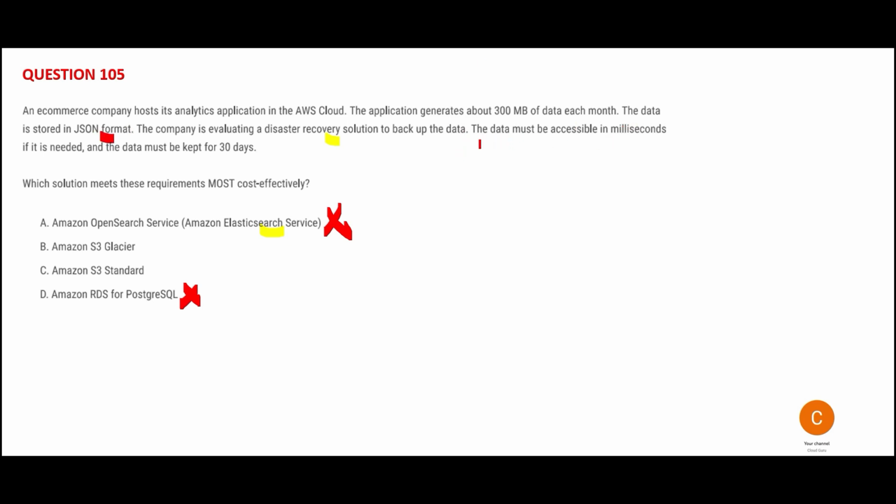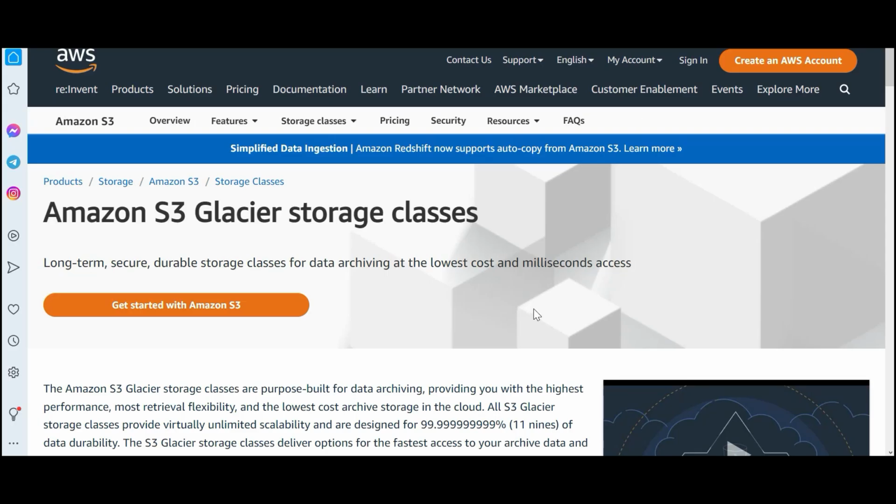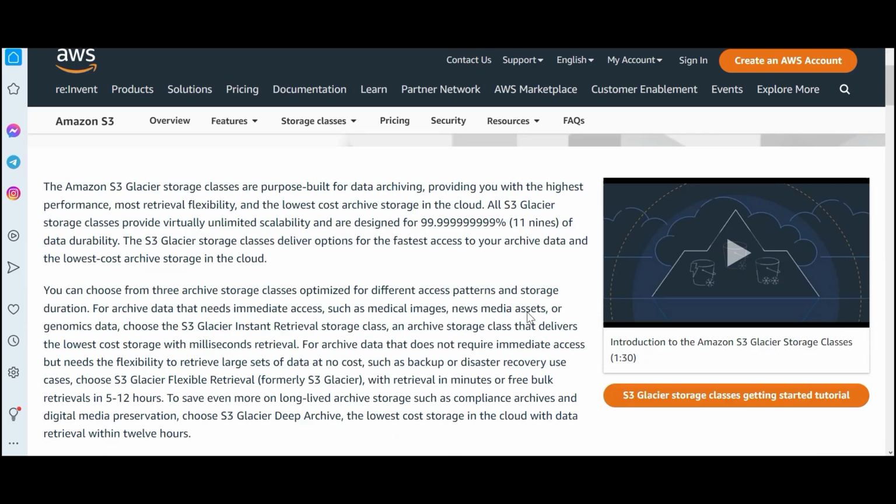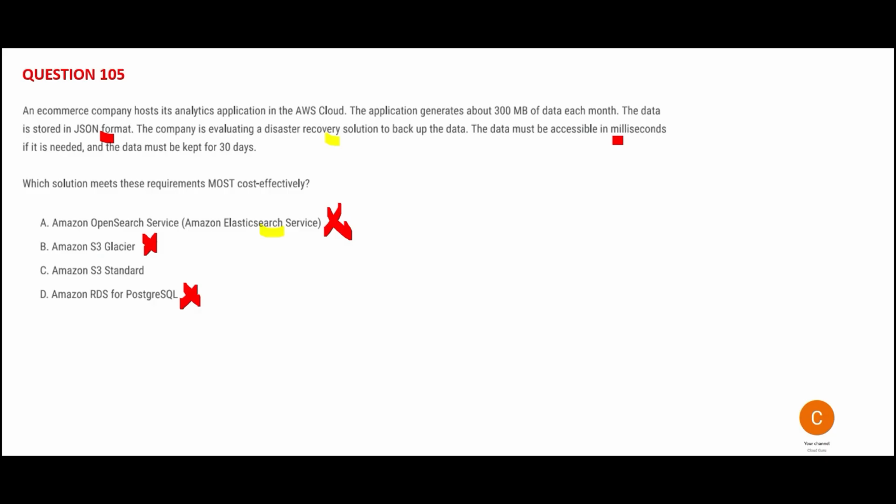Since the data has to be accessible in milliseconds, I would choose Standard over Glacier. Glacier is primarily used for archiving solutions, and it gives you the lowest cost. Millisecond access comes with a fast retrieval option, but that is expensive and not the most cost effective.